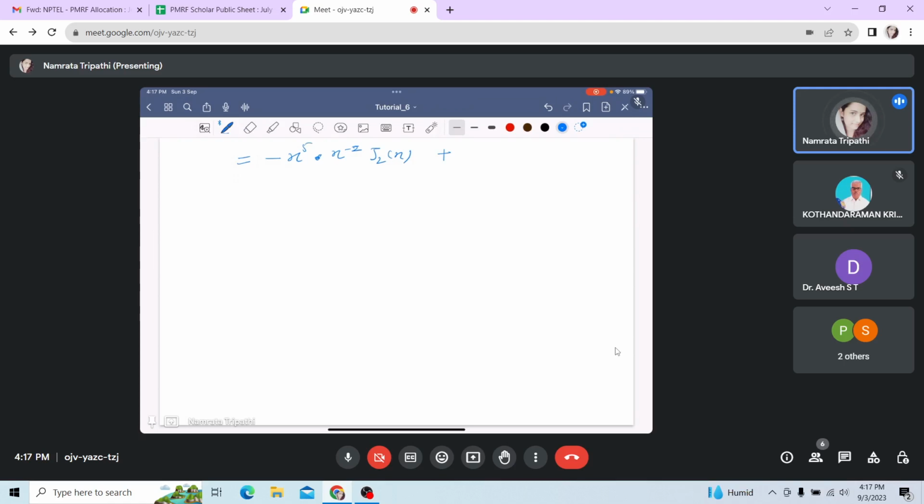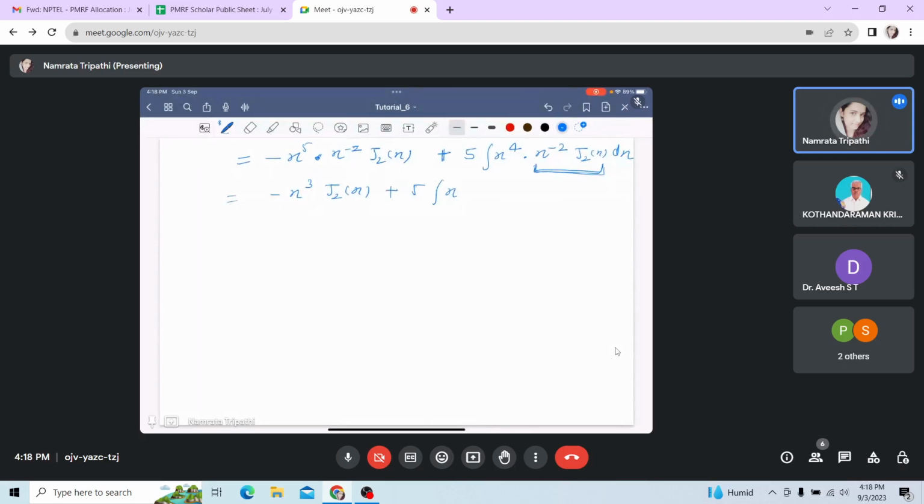You can also again use the above recurrence relation and put the value of this expression, because we have to remove this term. We have to use the recurrence relation and evaluate the integral in terms of z0, z1 and z2.